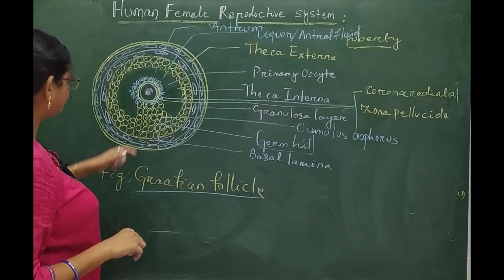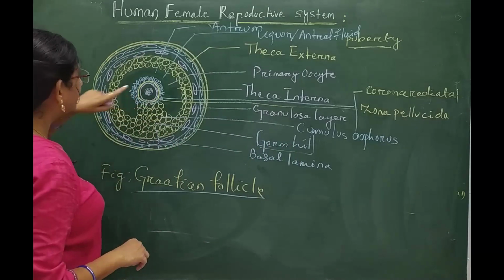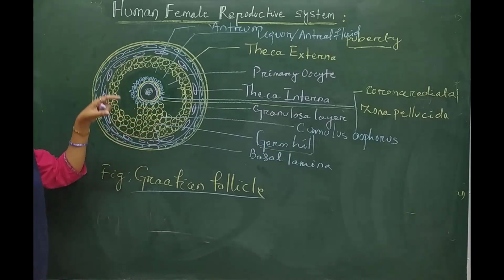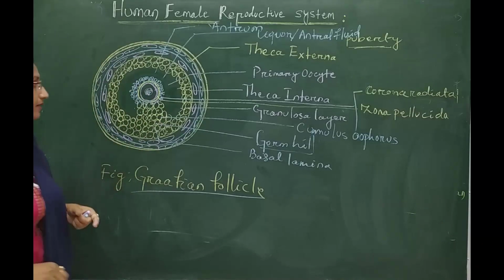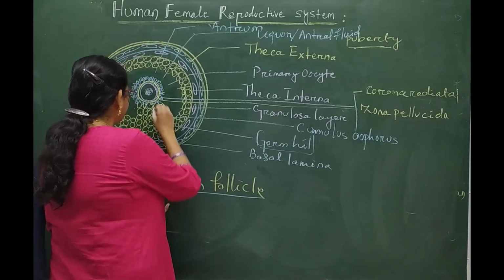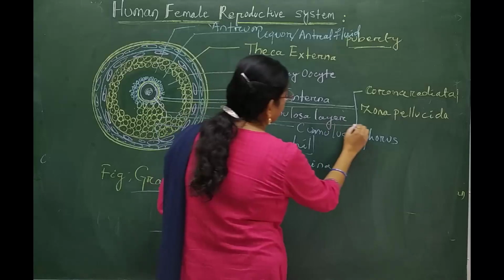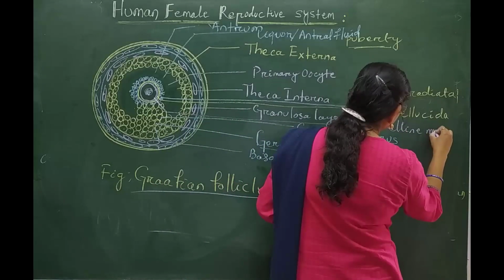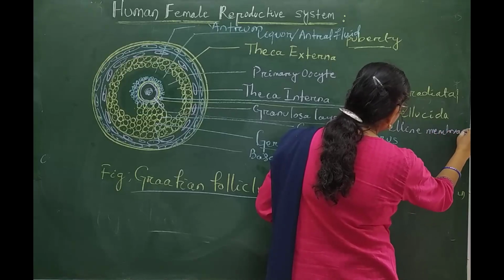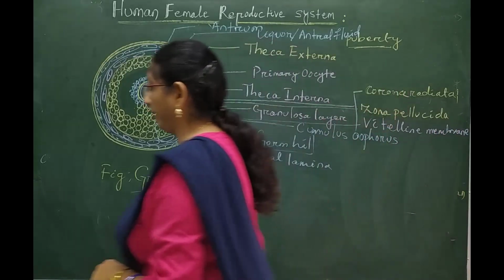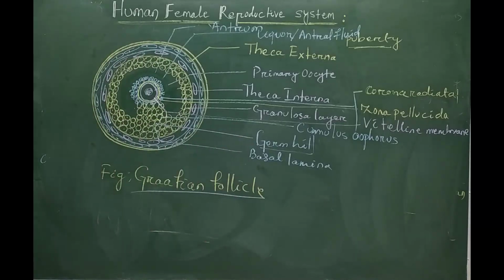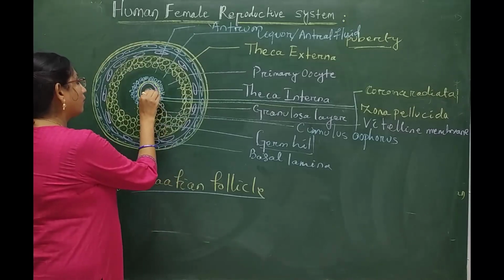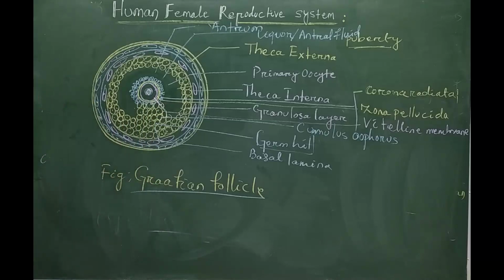Then inner to the zona pellucida, another membrane which surrounds the internal egg is the vitelline membrane. All the structures present over here make up the total part of the Graafian follicle.